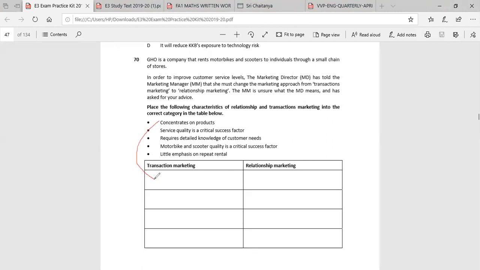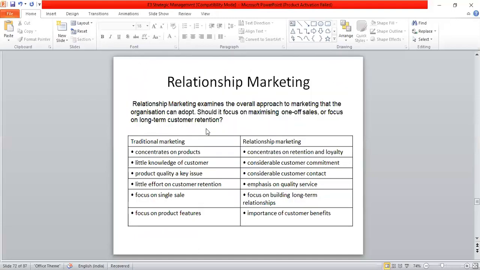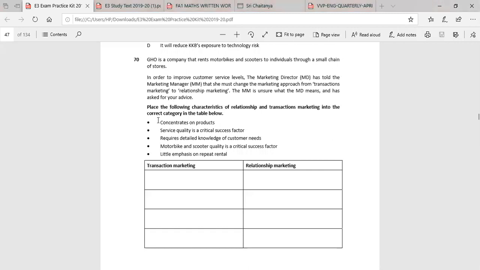Service quality is a critical success factor. Emphasis on quality service is about relationship marketing. Next, requires detailed knowledge of customers' needs.